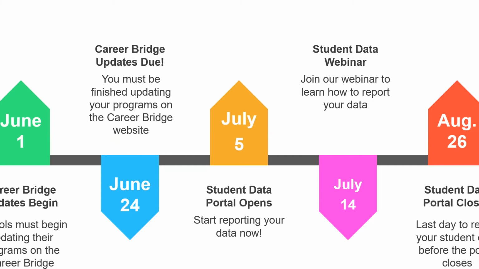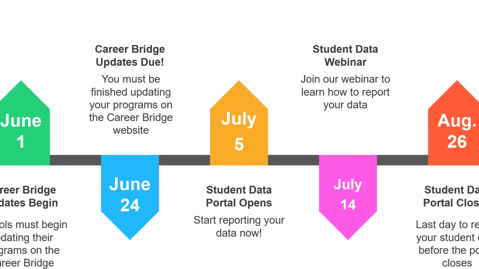Sometimes the users are the same, sometimes they're different depending on how big or small your school is. So if you did not get an email about updating CareerBridge, it's probably because you are not the registered user, and we did send that out to all schools. I'll get to that later, but we can work with you to help you figure that out.